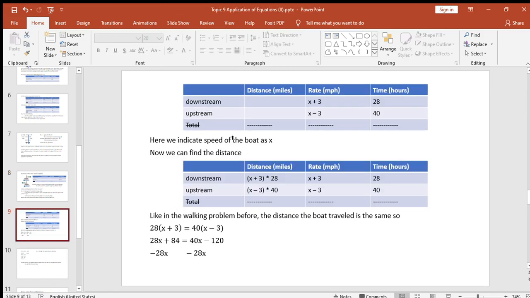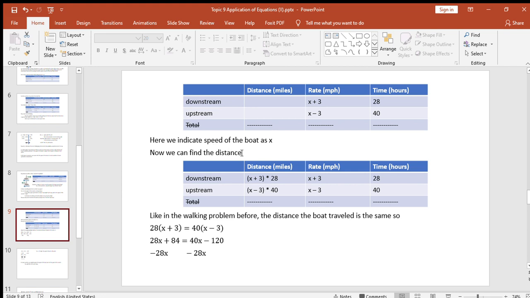Well, we're going to indicate the speed of the boat as x. Again, because the speed of the boat is constant, the boat is going to be x, but we're going to add 3 or minus 3 depending on whether it's downstream or upstream. And in this case, there's total distance, total rate, total time. Do we ever have a total time or total something? No, so we can just cross it out.